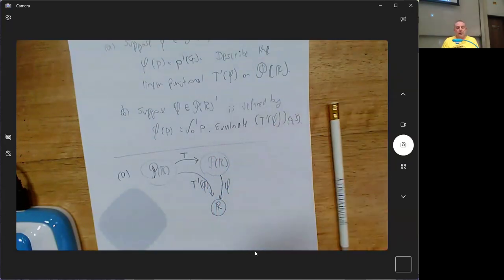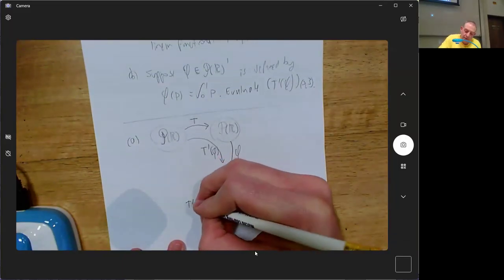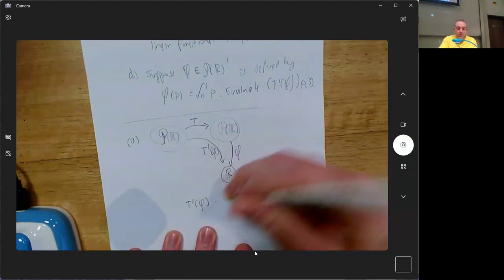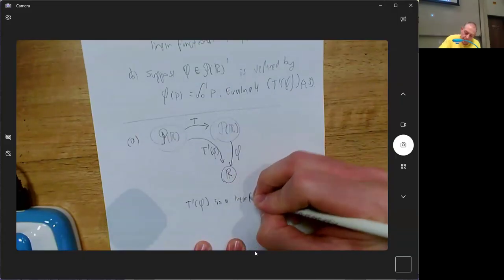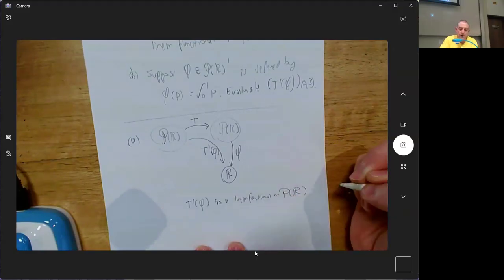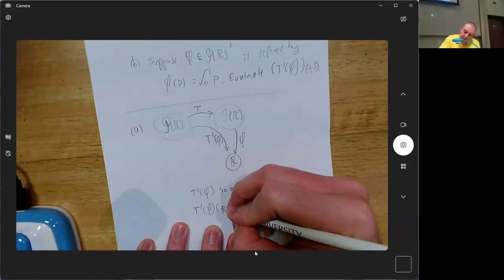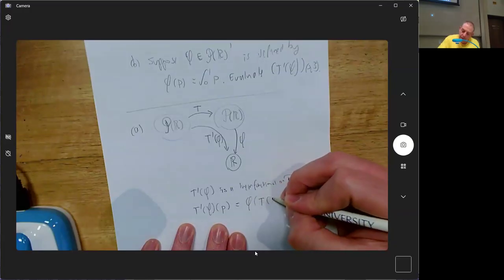So T dash of phi is technically a linear functional as well. Okay, so T dash of phi is a linear functional on PR. And so T dash of phi of P is phi of T of P.